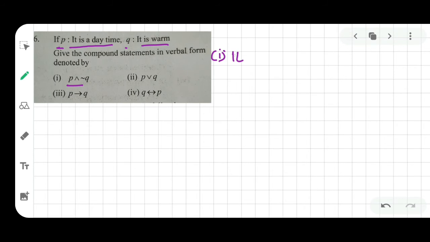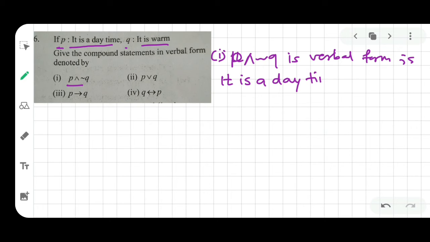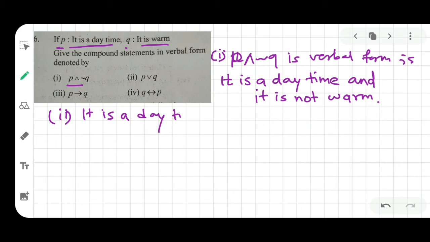So P and not Q in verbal form is: it is daytime and it is not warm. Okay, so second: it is daytime or it is warm. That is the second one, right?